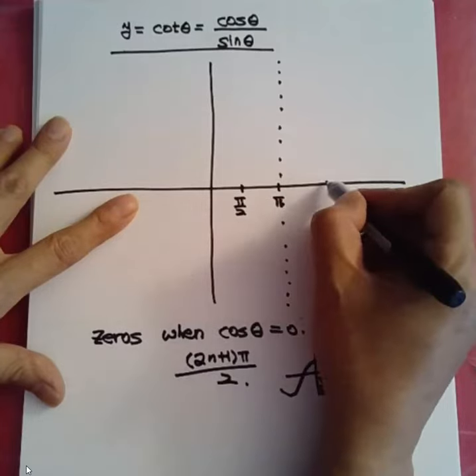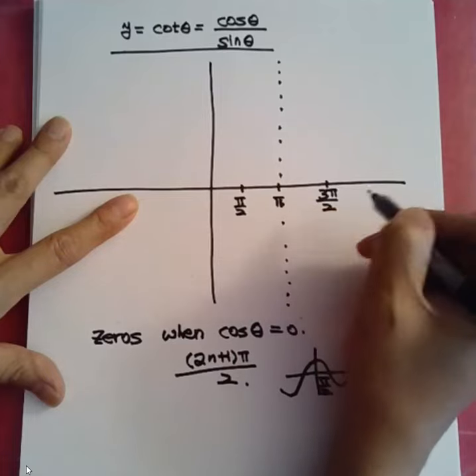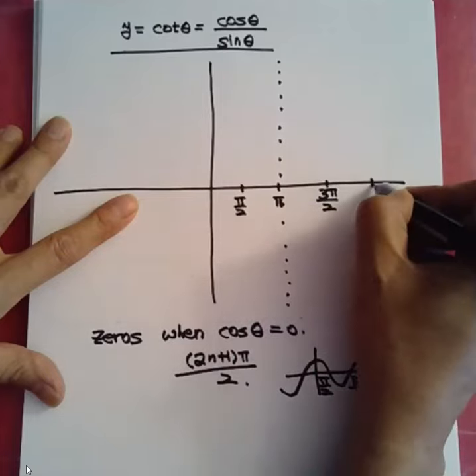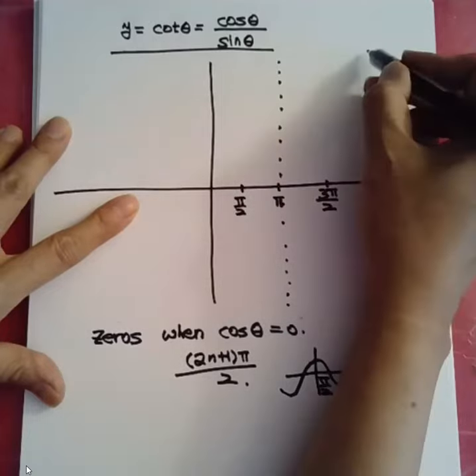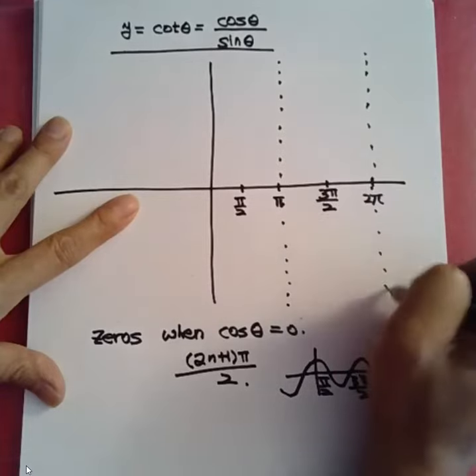But what you can notice here is whenever we add half of the period, something meaningful happens. It becomes either 0 or vertical asymptote.